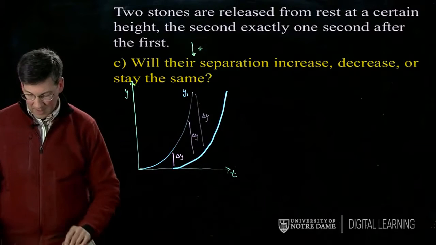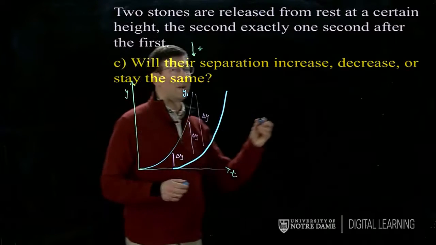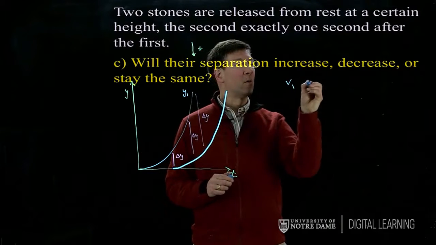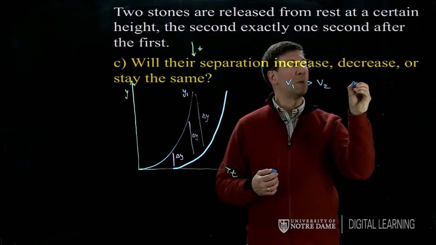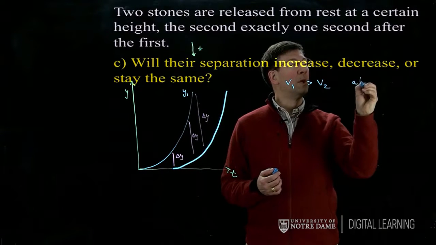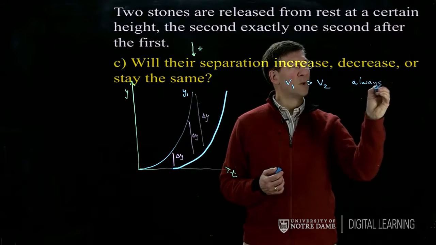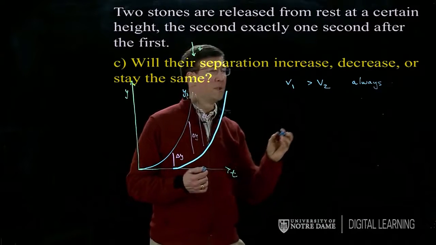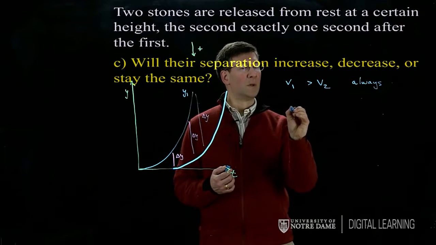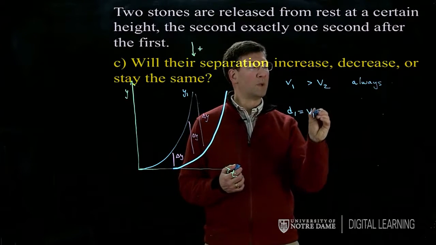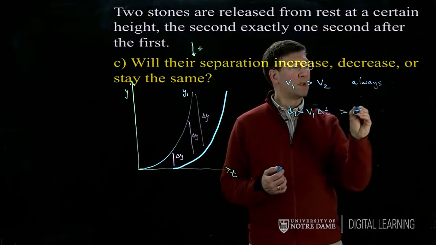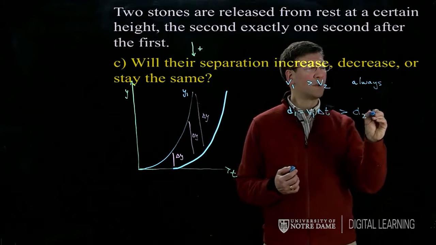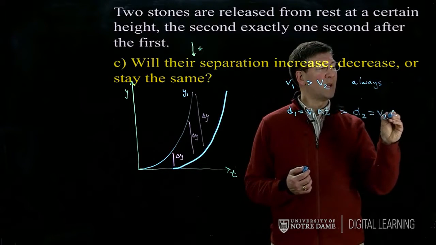Now there's another way of saying that in some sense. So we could say that we know that v1 is greater than v2 always, because we found in the last time that the difference between their two speeds was equal to g times 1 second. So if v1 is always greater than v2, then over any time interval, the distance that stone 1 travels, which is equal to v1 times some time interval, has to be greater than the distance that stone 2 travels, which is v2 times the same time interval.